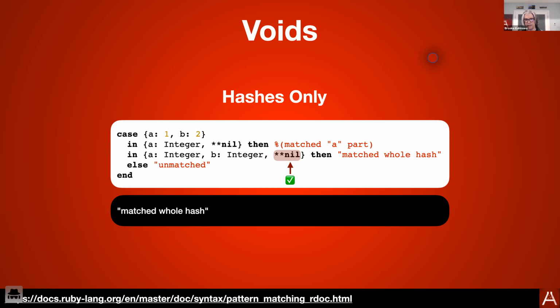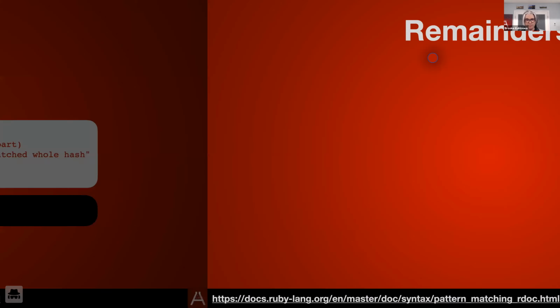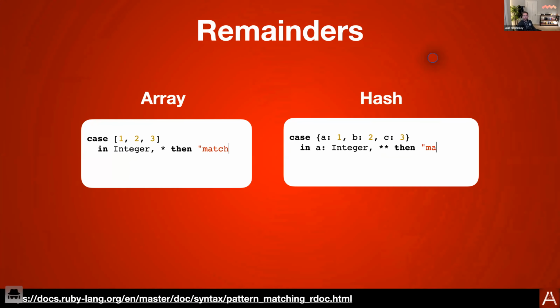It's kind of subtle, a little tricky, but what's really nice about this is if I had a third element, so I have keys A and B here, but let's say I put in C, well, normally it would still match on what I'm highlighting here, right? It would still pattern match. But with the nil, it says, hey, buddy, this needs to be just these 2 elements and nothing more. If there's anything else in there, that totally does not match, and you're going to get the else statement in this case. So I just want to highlight how powerful that is. It's really, really cool.